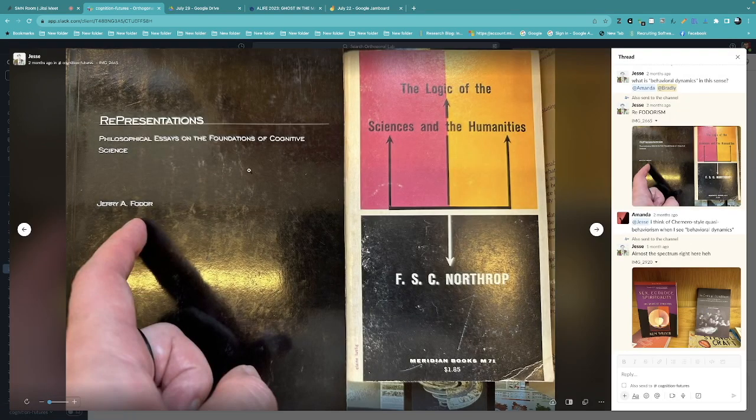This is Representations by Jerry Fodor, a book on the foundations of cognitive science. This book is The Logic of the Sciences and the Humanities by Northrop. So there's a lot of philosophy of science that we talk about in our Cognition Futures reading group.